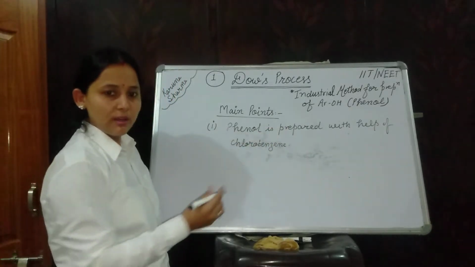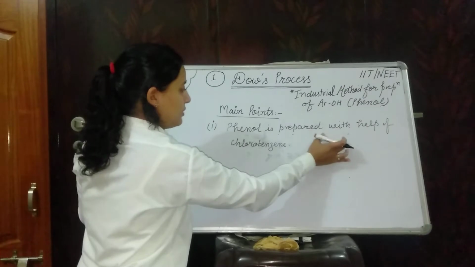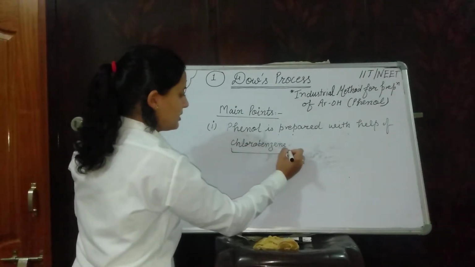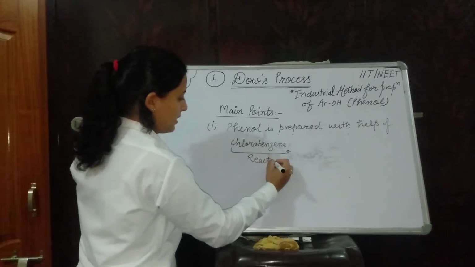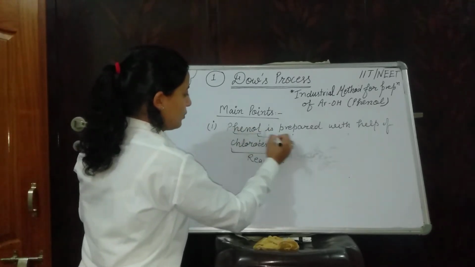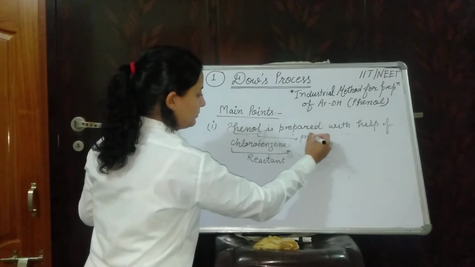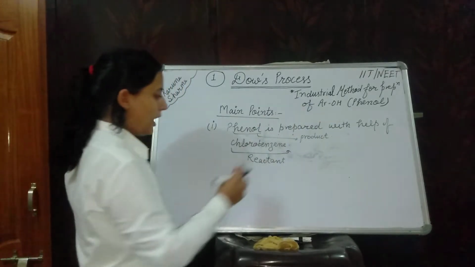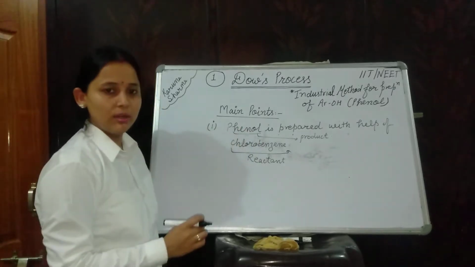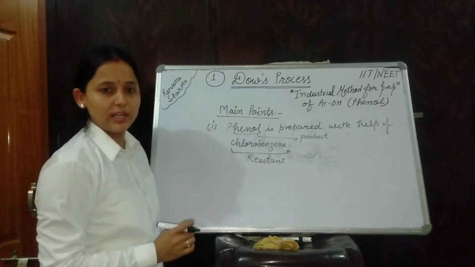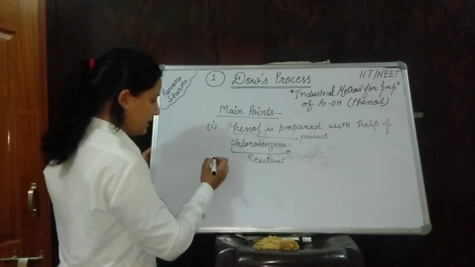That means from this step you can easily understand this is our reactant molecule and this is our product molecule. How chlorobenzene converts into phenol, we will first see a simple reaction, after that we will move to the mechanism.